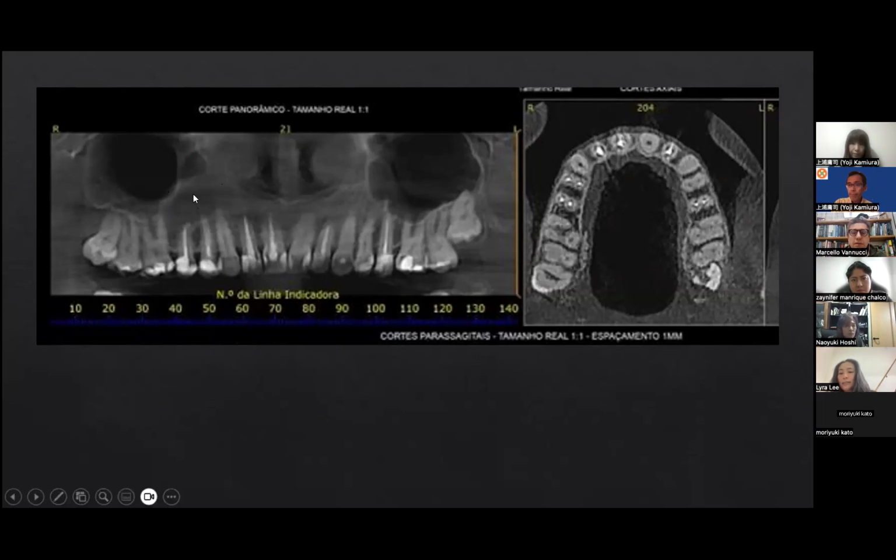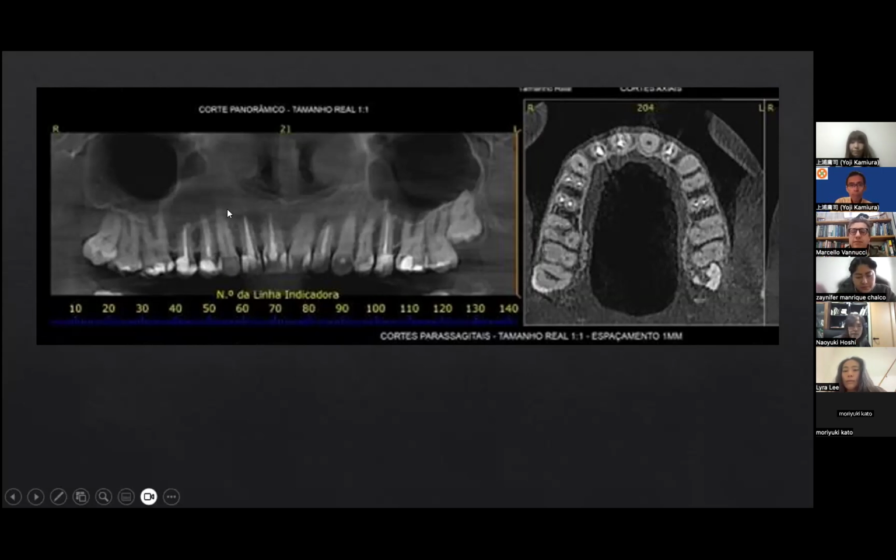So the question is whether to compensate or remove the total lesion. This is the point: remove this tooth or not. So this is the crossfire of this situation.